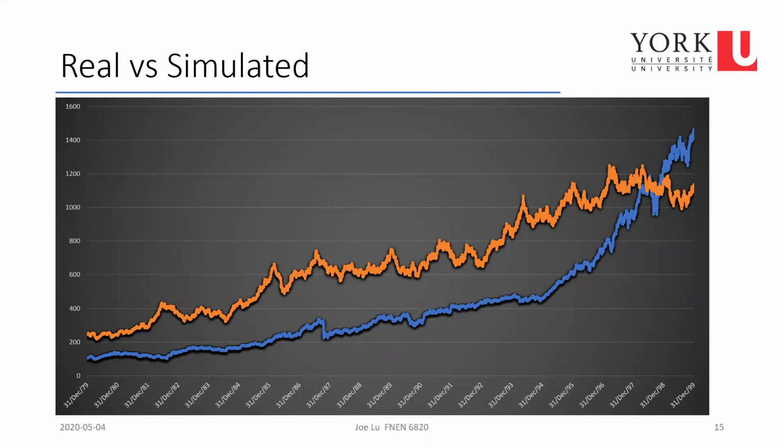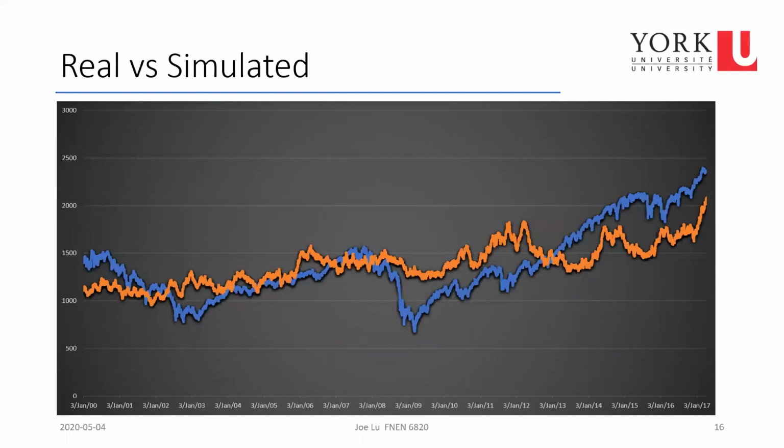Now let's look at some more recent information here. I didn't plot anything beyond 2017. I could, but it doesn't really give us a whole lot of value here. So again, this is some more recent information of one simulated, one real market index.